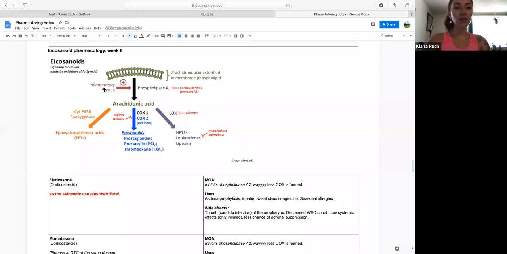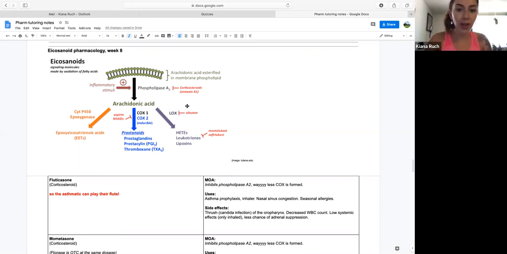And when an inflammatory stimulus is applied, phospholipase A2 is an enzyme that will release arachidonic acid. That arachidonic acid can make all of the COX enzymes and also LOX, and those are responsible for inflammation, homeostasis, basically making sure we heal and stay healthy.